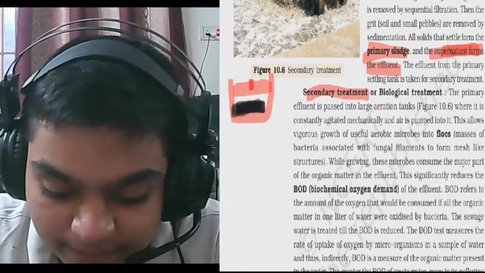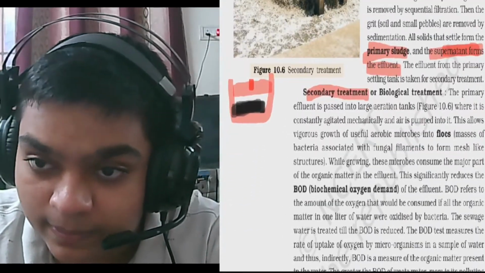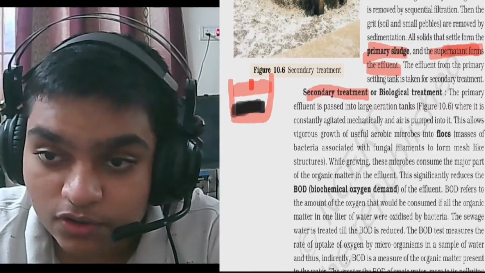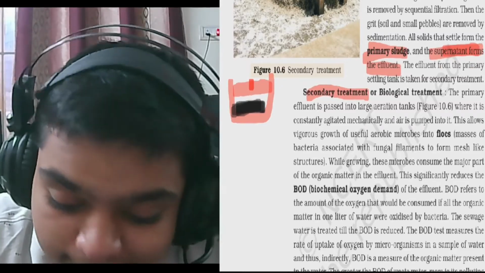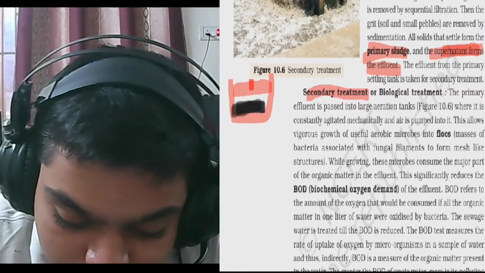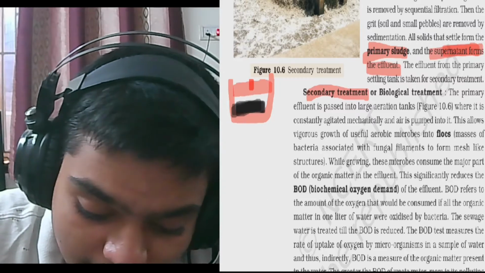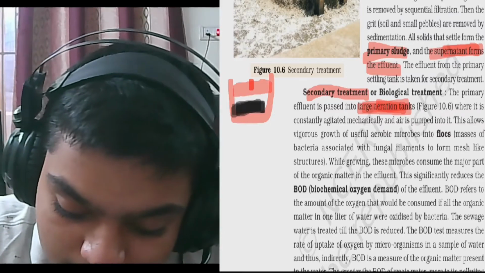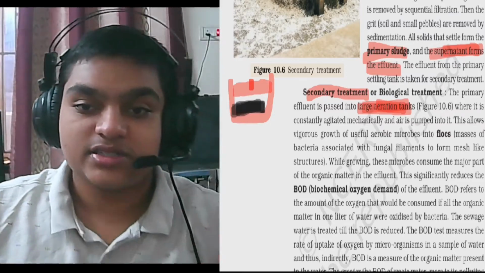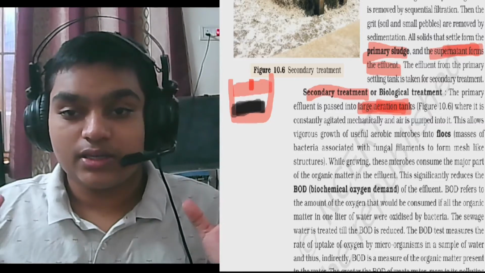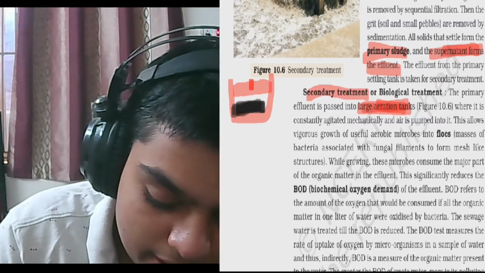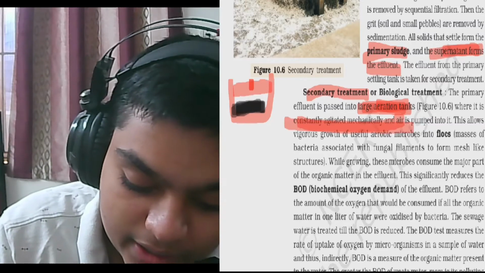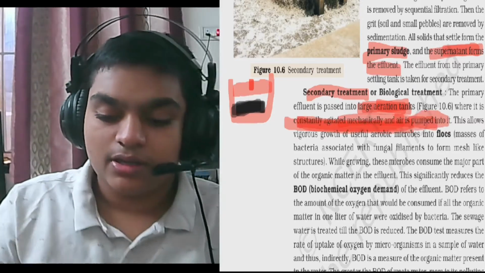Now after settling, the primary effluent produced in the primary treatment is flown into the secondary treatment tanks, in which large aeration tanks are present. Here the sewage is continuously aerated mechanically by passing air into it.